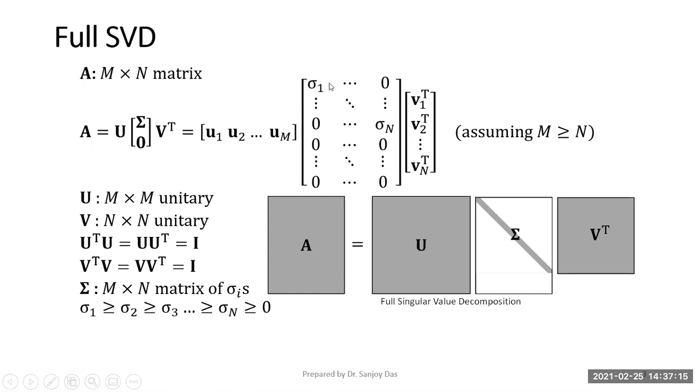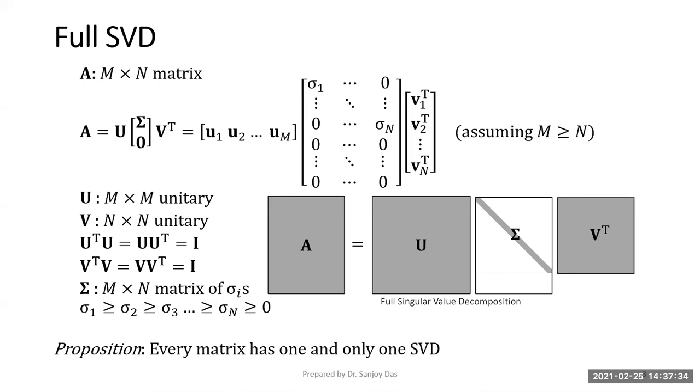Sigma 1 is the largest one, and then sigma 2, sigma 3, until sigma n is the smallest one. Okay?